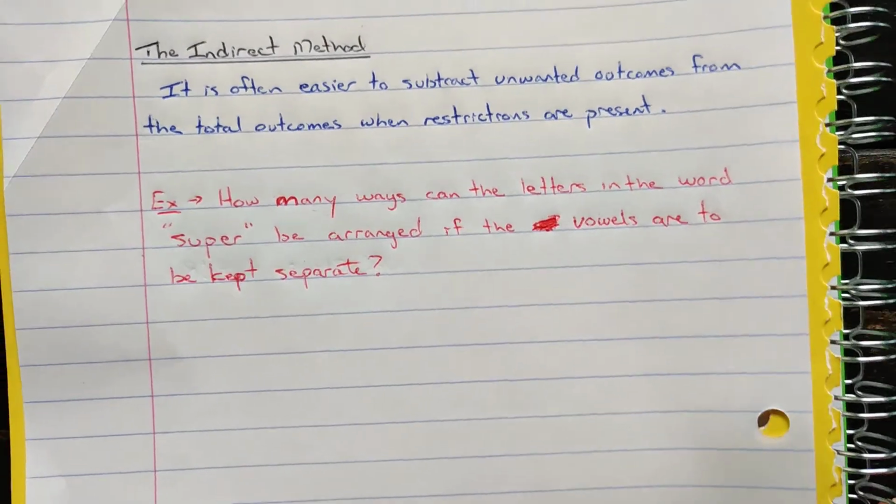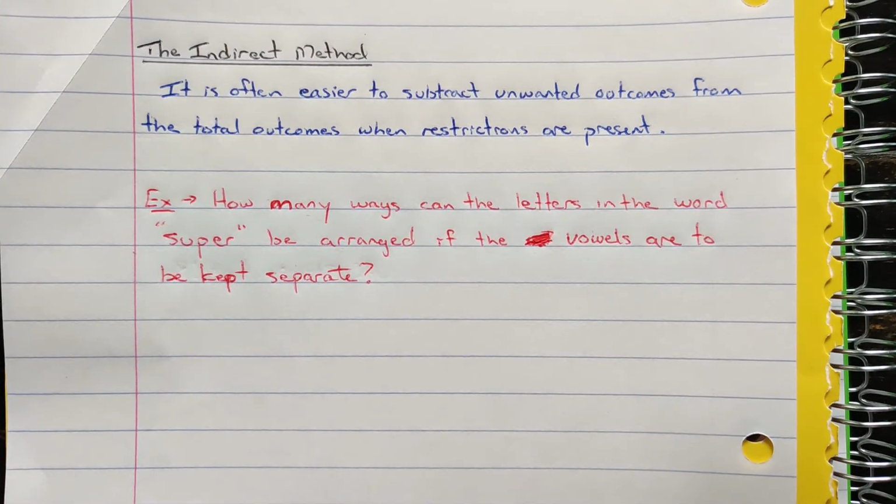And now, another situation is that sometimes we're dealing with things and we have so many outcomes, it's easier to subtract the outcomes we don't want than to calculate all the different ORs. So if there was a full series of 10 things, 10 different outcomes that are possible, you could select 1, or 2, or 3, or 4, or 5, or 6, or 7, or 8, or 9, or 10.